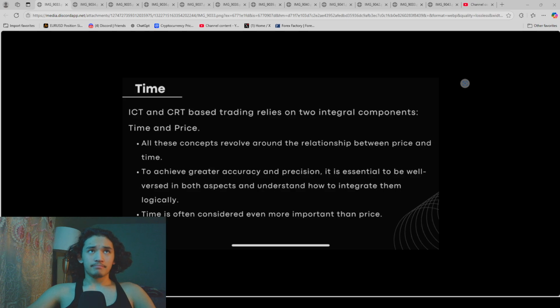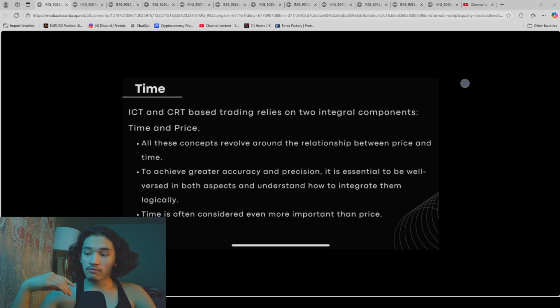Time, right? ICT and CRT based trading relies on two integral components: time and price. So as you guys know, that's CRT bootcamp as well as ICT. Everything I'm teaching is based out of ICT/CRT.